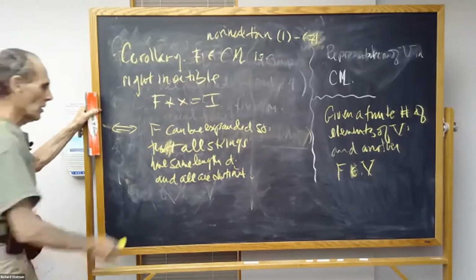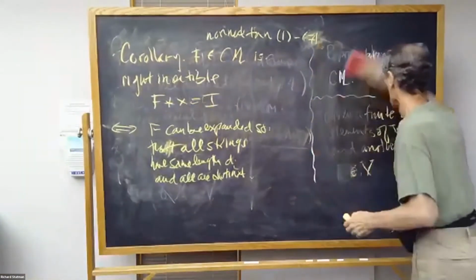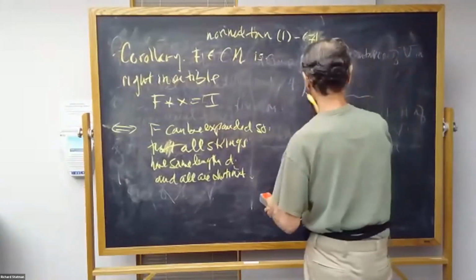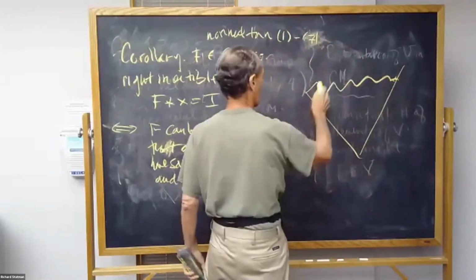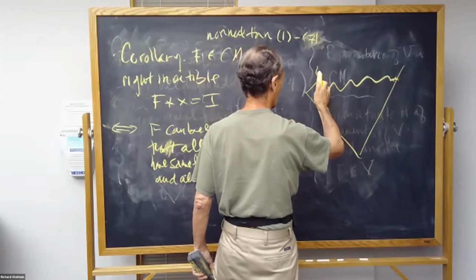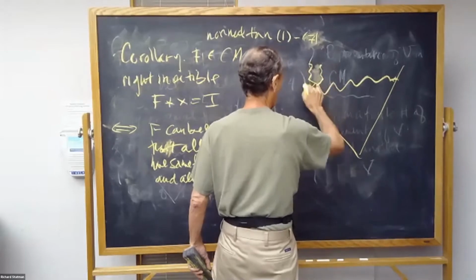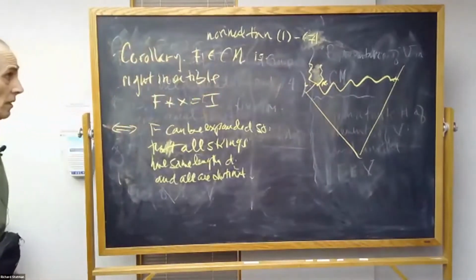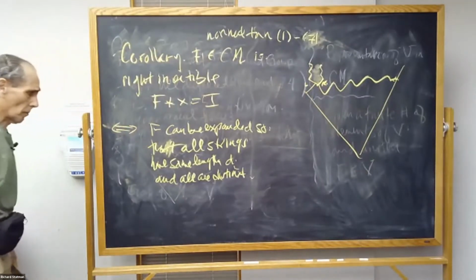What do I mean by expansion here? It's easier to draw these pictures. What I could do, for example, is take this and copy it twice, put an L there and an R there. And that's an expansion by reduction rule 6.